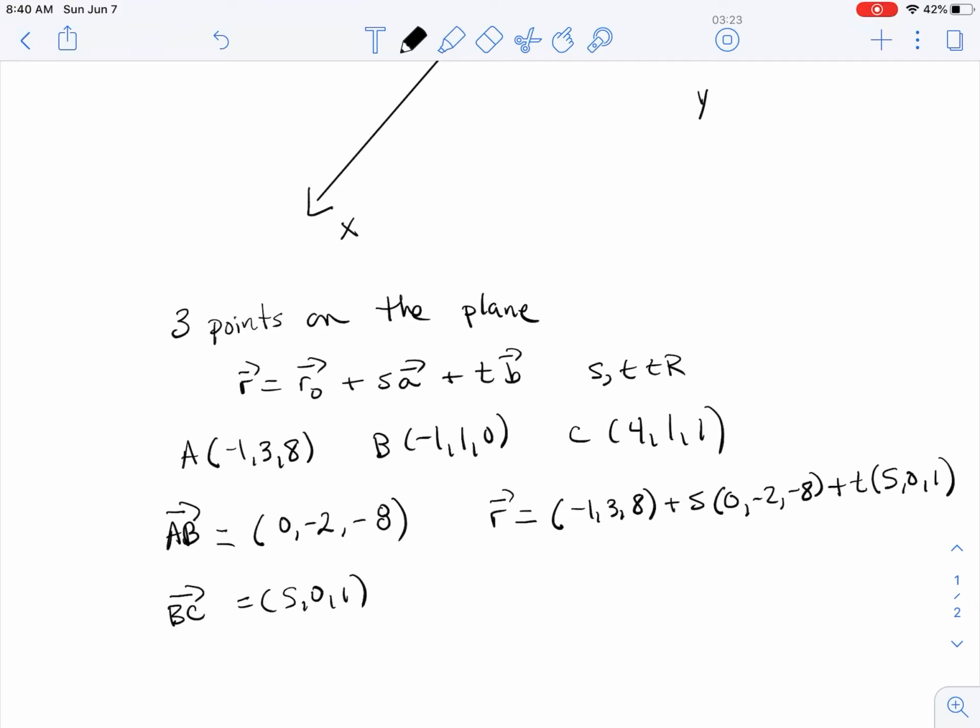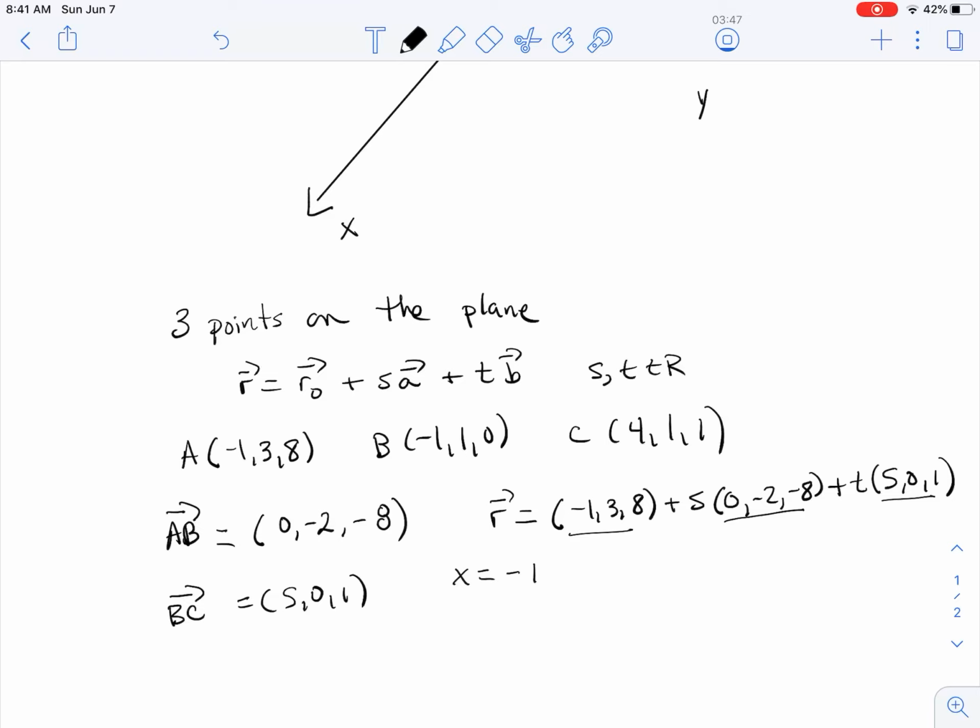Now again, you can have infinitely many different looks to this, because for your vectors you can choose any parallel vector to that one and any parallel vector to that one, and you're correct. You can choose any point on the plane. I just happen to choose that first one. Just like the line, you're going to have to get used to it. There are infinitely many different ways that you can look at the equation of a plane.